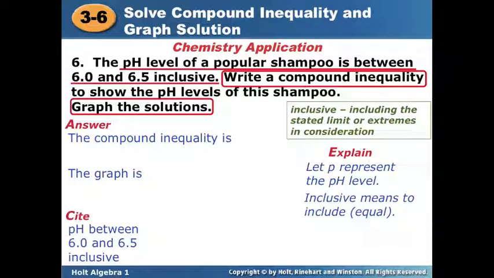Inclusive means to include or make equal. Between 6.0 and 6.5, this would be an AND compound inequality. Notice we have the equals to marks because of it saying inclusive.